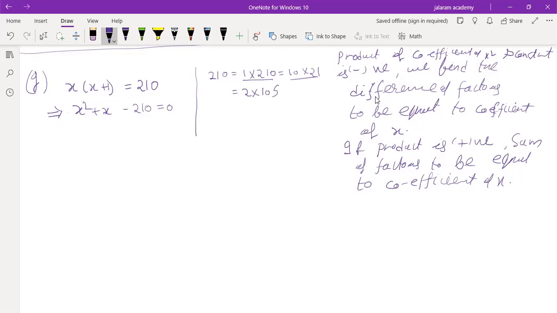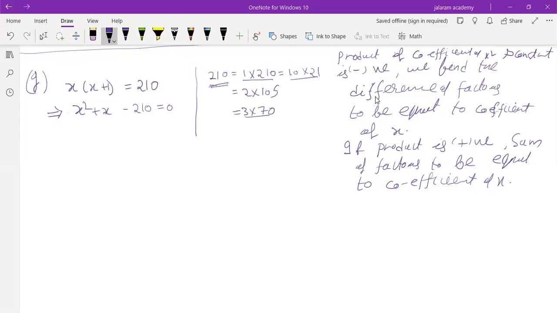And this should be done verbally, not by writing in your notebook. So leave your notebook away. Then 3 into what? 3 into 70 is also 210. So this is also a pair of factors of 210. Understood? And find its difference. It is still not 1. Is that clear to you?